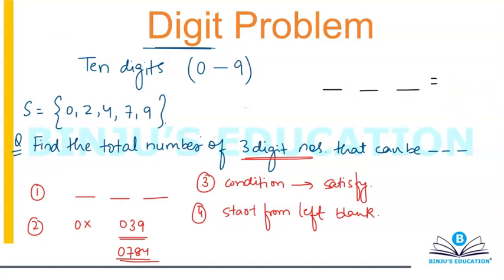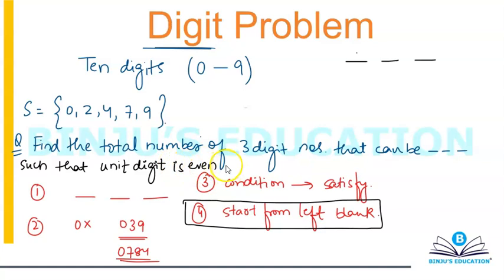Find the total number of 3-digit numbers that can be formed using the above given 5 digits such that unit digit is even and repetition of digits is not allowed.